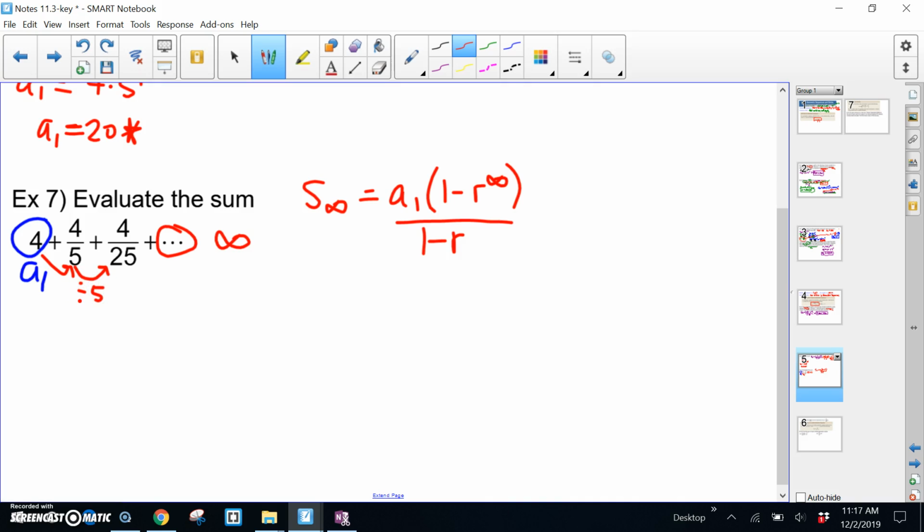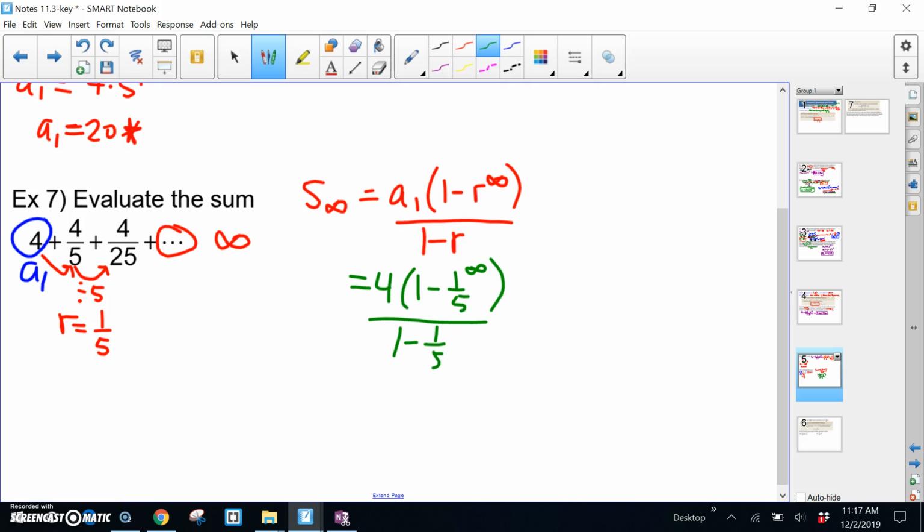You can't really say divide by 5. We've got to think about this as multiplication though. So we're going to call that 1/5. R equals 1/5. So as I plug this in, a1 is 4 times the quantity 1 minus 1/5 to the infinity, over 1 minus 1/5. Okay.